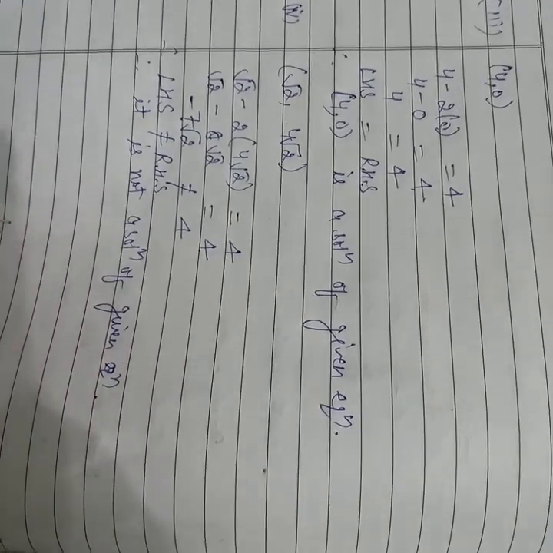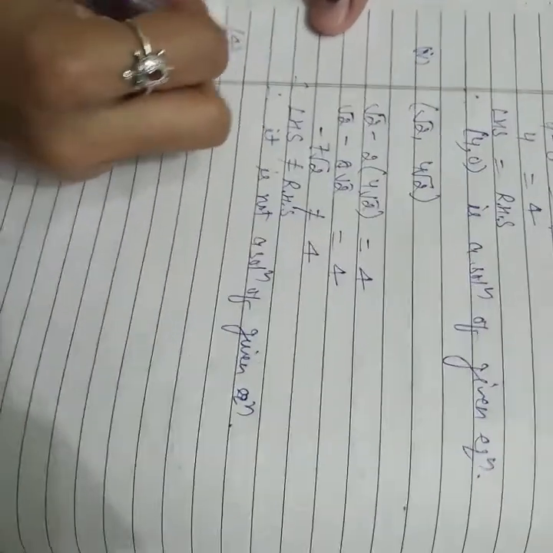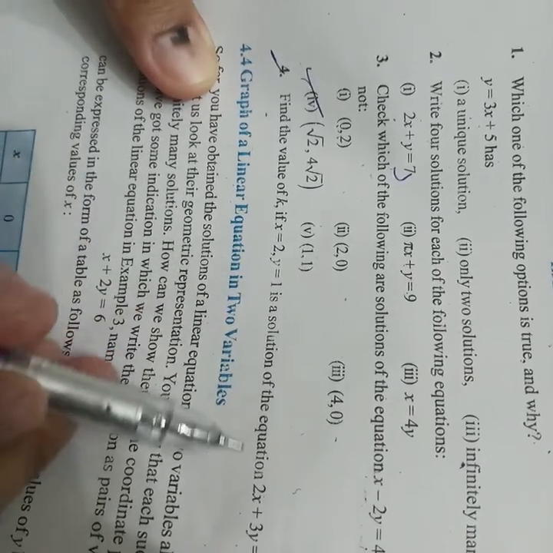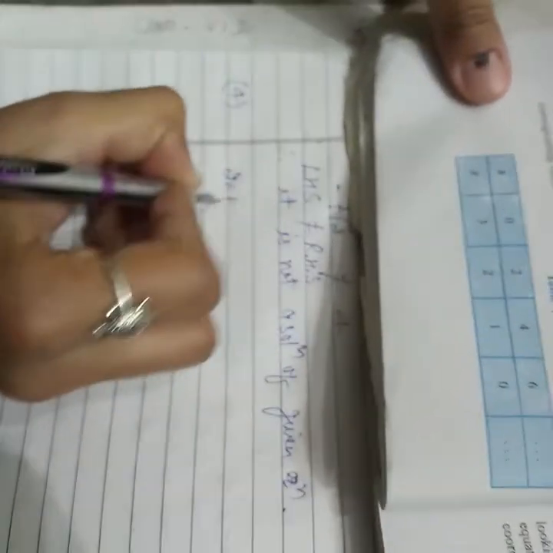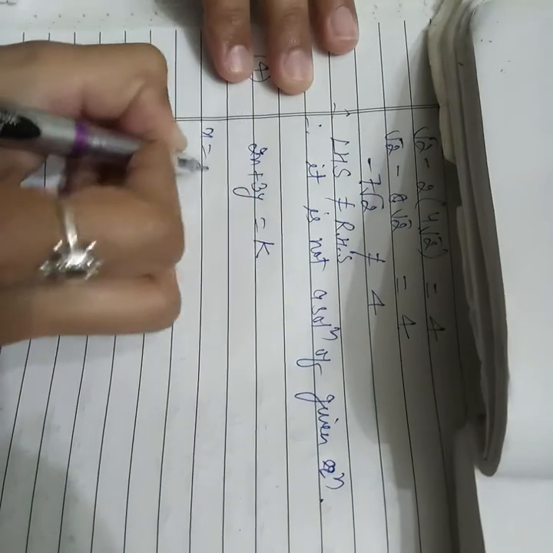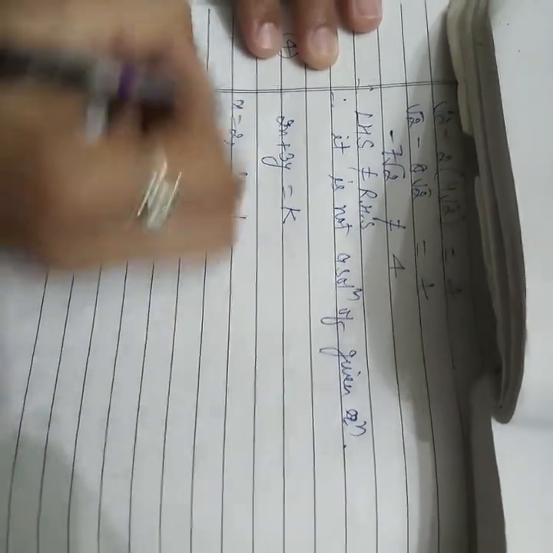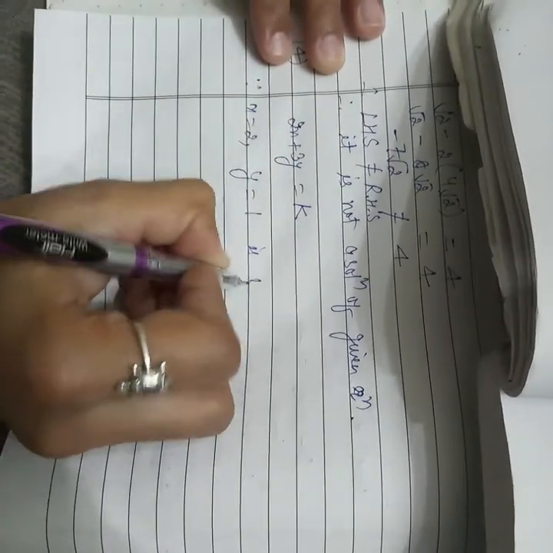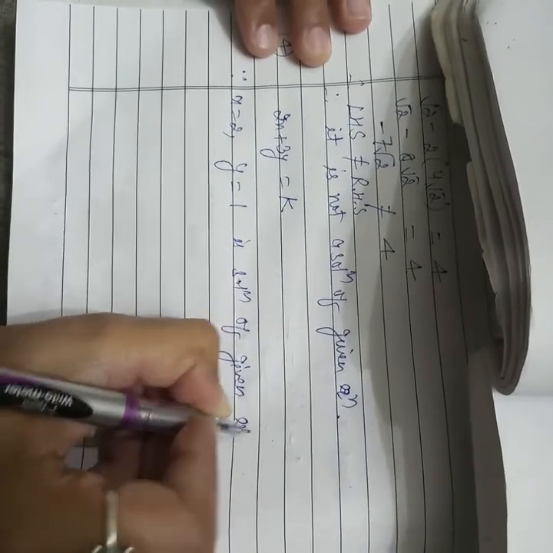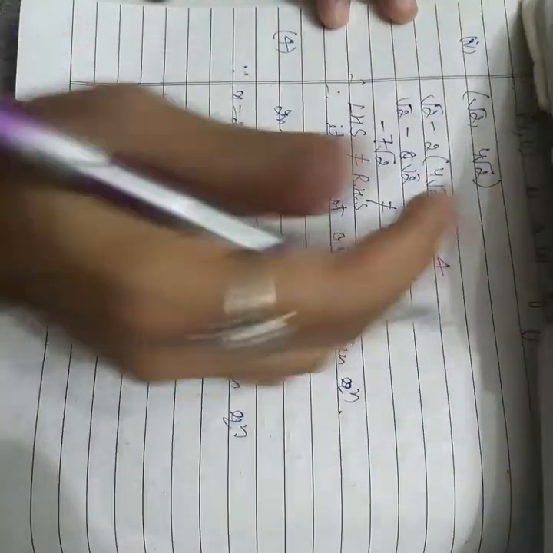Now question number 4: find the value of k if x equals 2, y equals 1 is a solution of the given equation. The given equation is 2x plus 3y equals k. Since x equals 2 and y equals 1 is a solution of the given equation, it satisfies the equation.